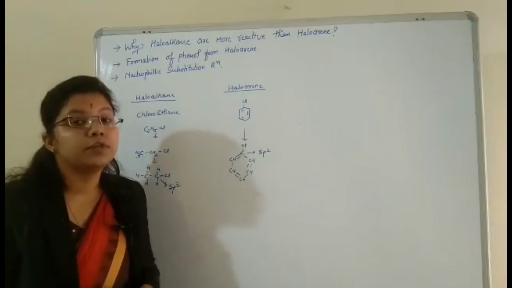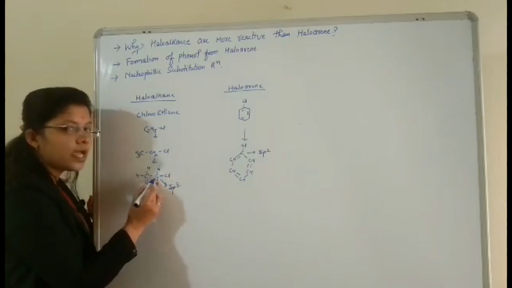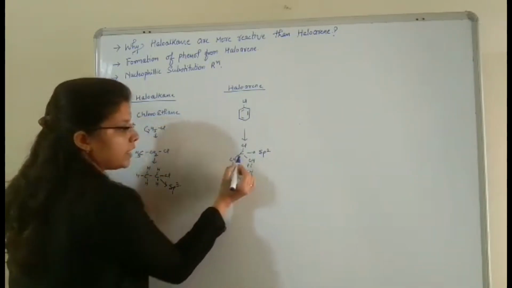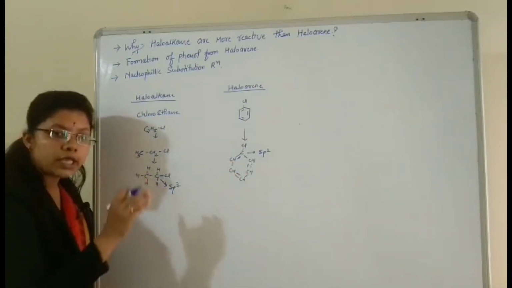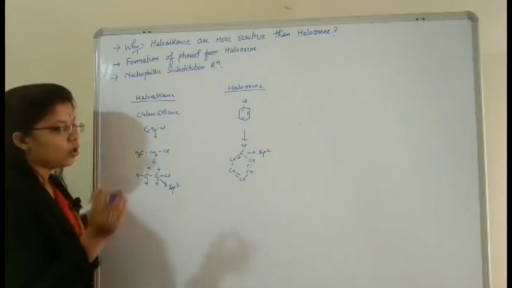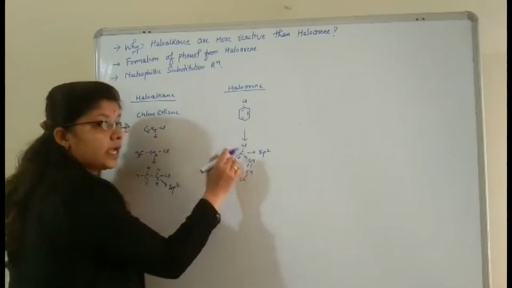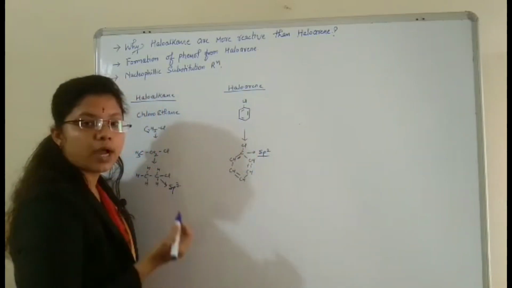I am giving you one simple trick: in this carbon all sides single bonds are there, and in this carbon one side a double bond is there. So if in a carbon all sides single bonds are there, then obviously this carbon will be sp3 hybridized. But if even one double bond is there, this carbon is sp2 hybridized.